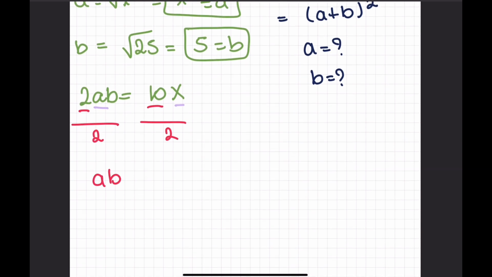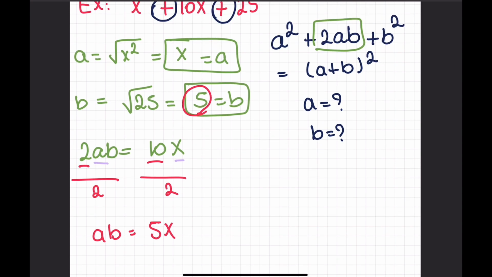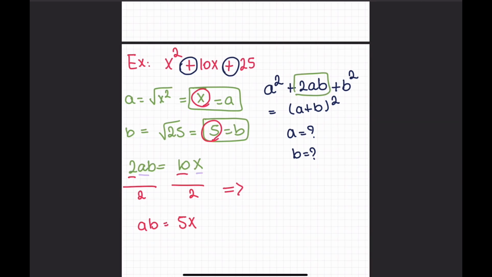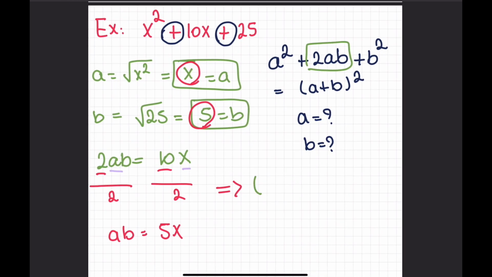So ab equals 5x, which matches: I have my 5 here and my a here. So the result is, because I want to write a first, x plus 5 to the power of 2. And this is my result for this question.